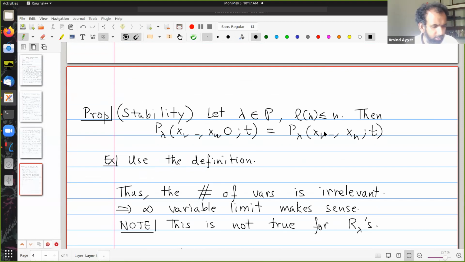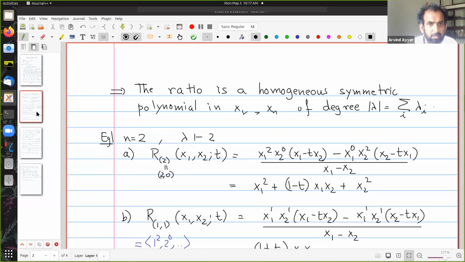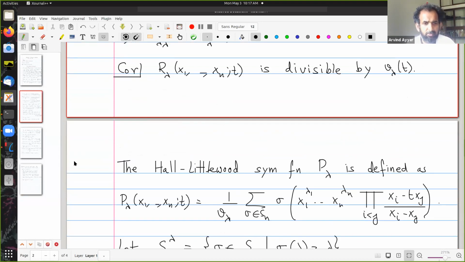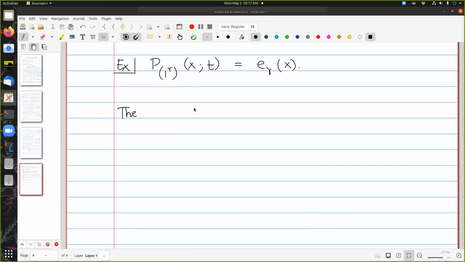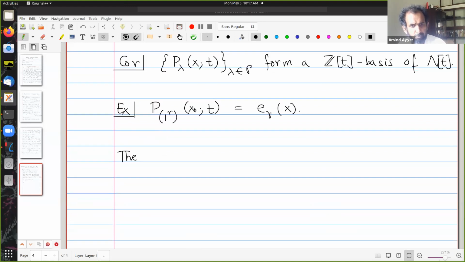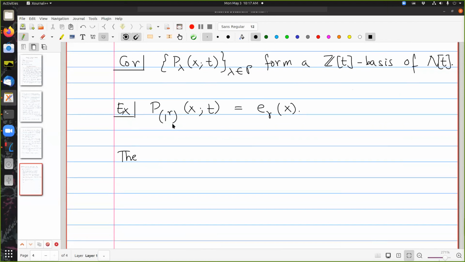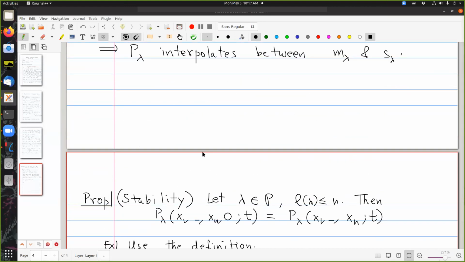Okay, so now I'll define the Hall-Littlewood polynomials of type Q. Question? The previous Hall-Littlewood polynomials were of type P, you said? Yes, P lambda. So they're going to be Q. And also, in the theorem, the theorem makes sense when you divide out by V lambda and then take infinitely many variables.